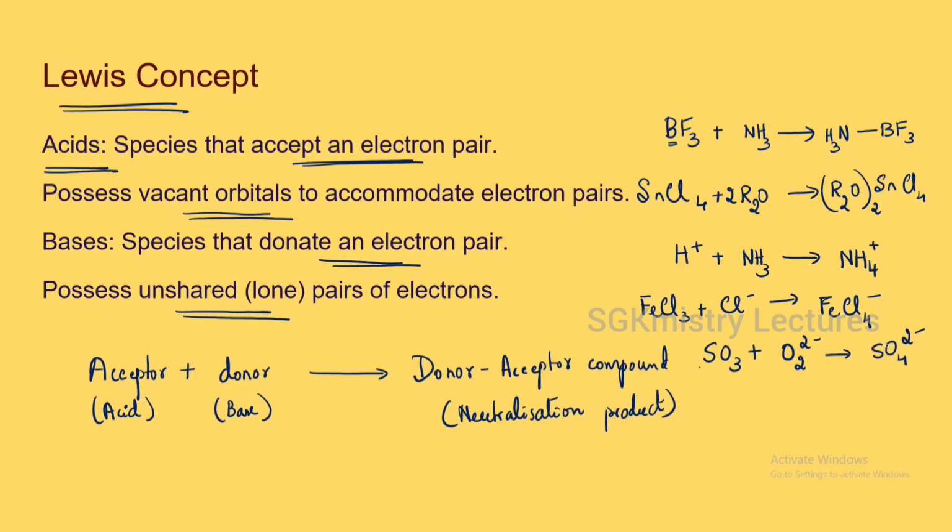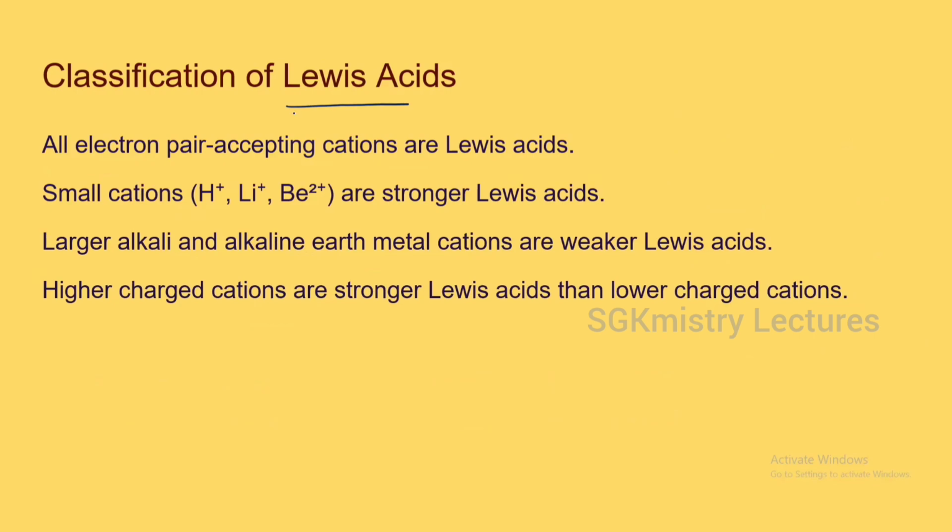Now, talking about the classification of the Lewis acids, we can write it with 2 different headings. All the cations, in case of Lewis acids, have a tendency to accept electron pairs. So whichever cations can accept an electron pair are called Lewis acids.